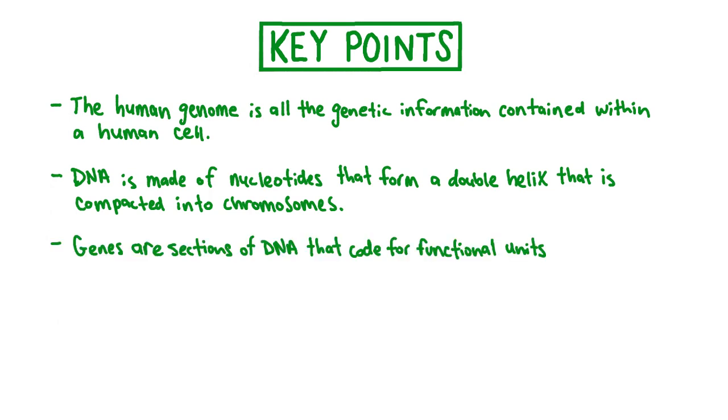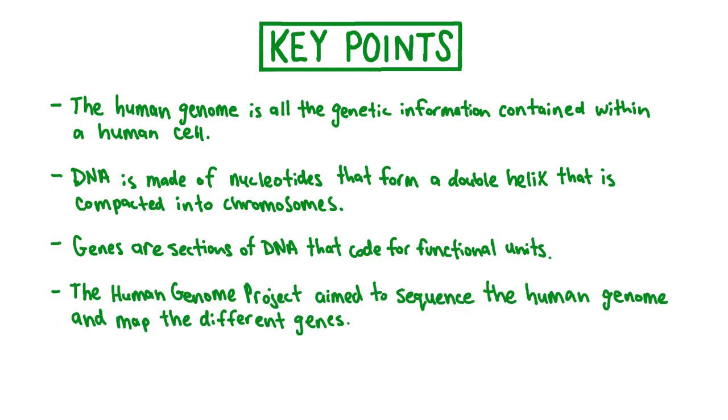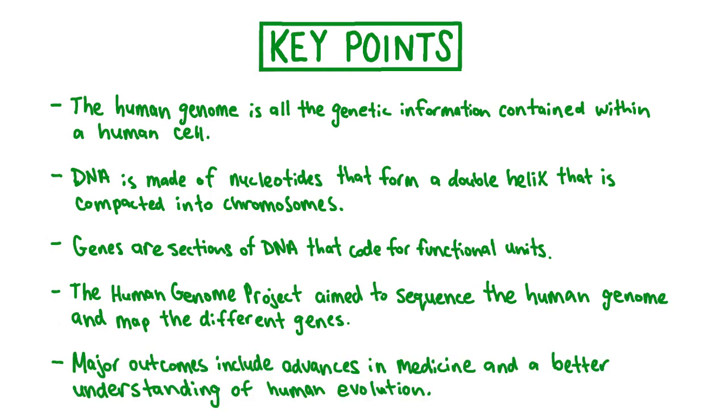Genes are sections of DNA that code for functional units, for example, proteins. There can be different versions of genes that are called alleles. The Human Genome Project was a massive international project that aimed to sequence the human genome and map all the different genes contained within. Some of the major outcomes of the Human Genome Project include advances in medicine and a better understanding of human evolution.